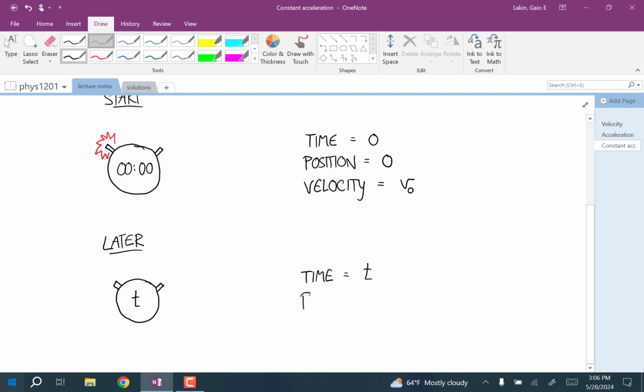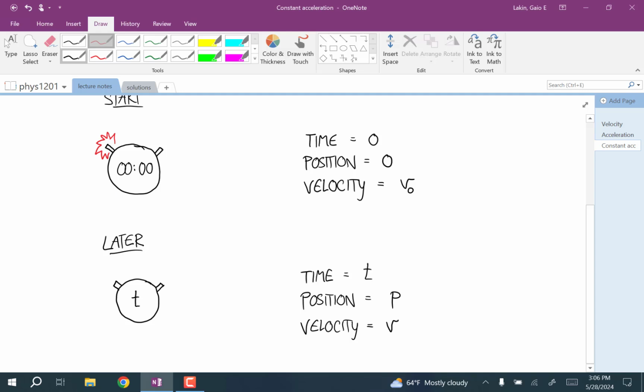The position at that later instant is going to be p, and the velocity is going to be v. Okay, so you have to know that v sub 0 is the velocity when you turn the stopwatch on. The v without the sub 0 is the velocity at some later instant t.